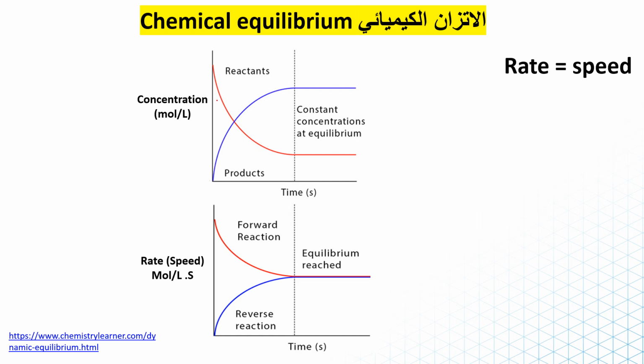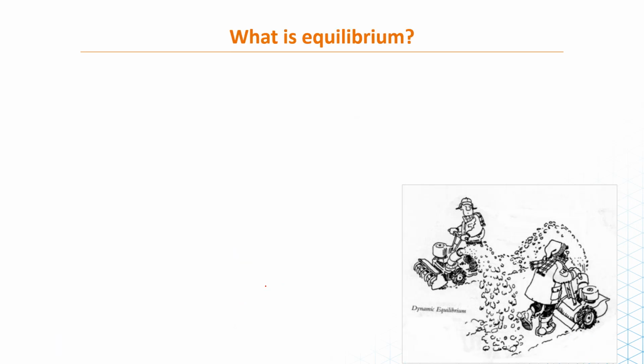Okay, again, this is another graph showing you what's happening here, the concentrations, time, and here you have constant concentrations of reactants and products, and equilibrium is reached at the same time point لأنه سرعة التفاعل الأمامي تساوي سرعة التفاعل العكسي.